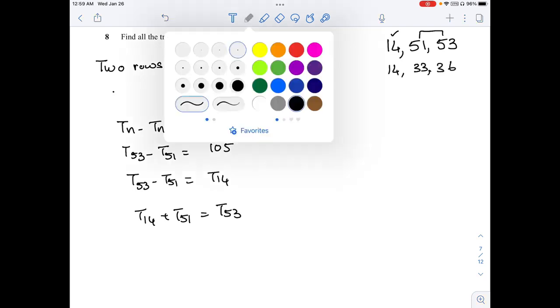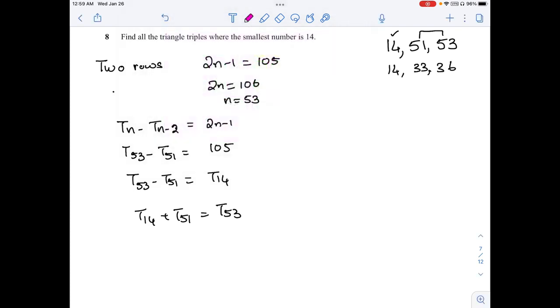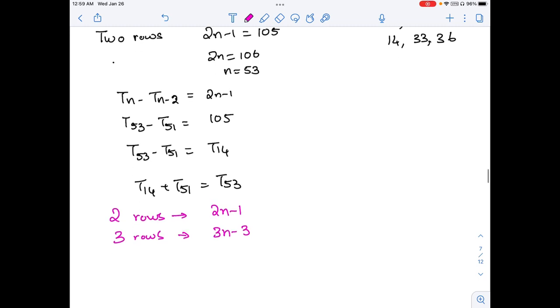Now, what am I going to do? If I'm going to add 4 rows, how do I find it? If I add 2 rows, it was 2n minus 1. You can see the pattern. If I add 3 rows, it's going to be 3n minus 3. Then if I add 4 rows, obviously it has to be 4n minus something.